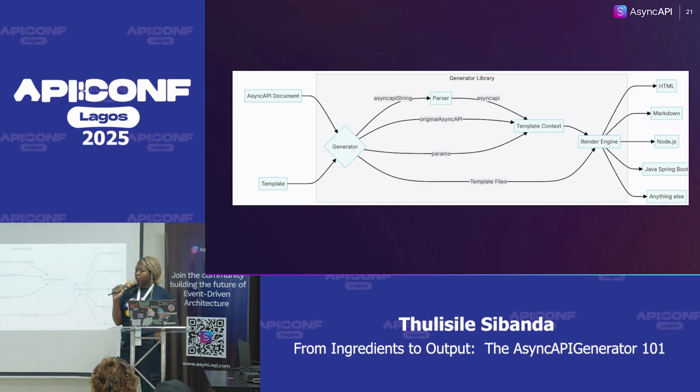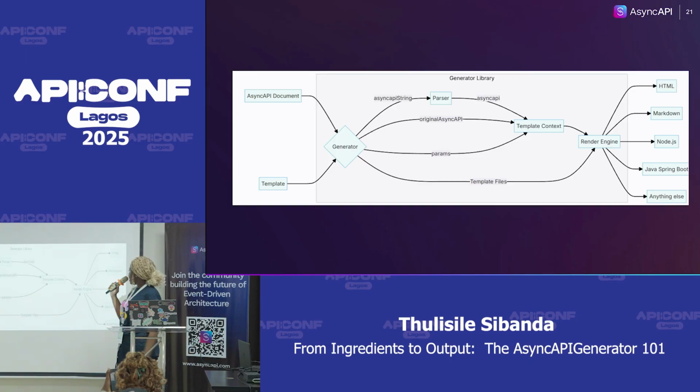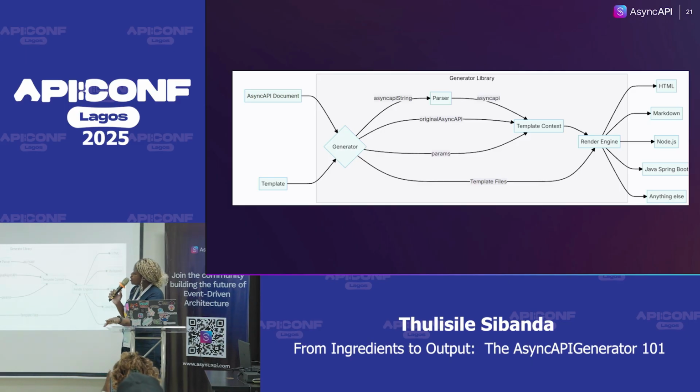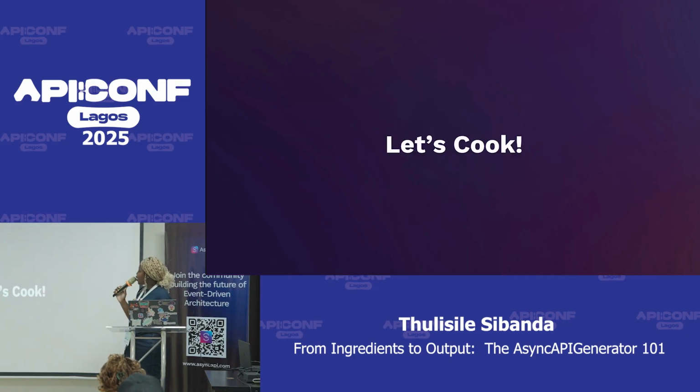If the parser finds your document valid, it sends down to the render engine, which generates your code based on your desired output, whether it's Markdown, Node.js client, or Python client. You can literally do anything with the AsyncAPI document as long as you make sure that your input is correct. And yeah, let's begin cooking.